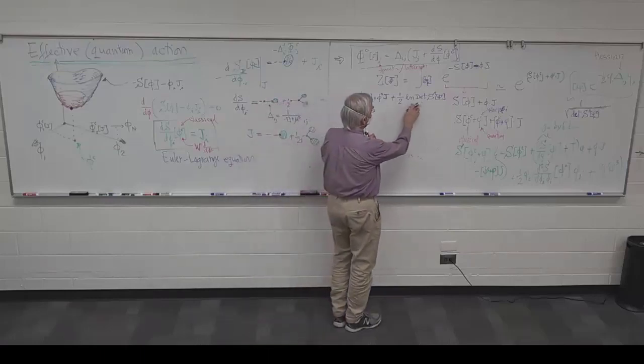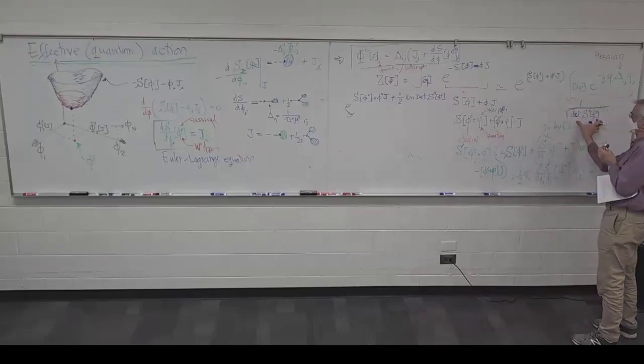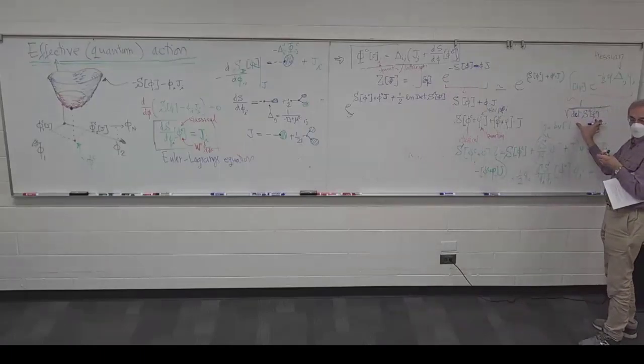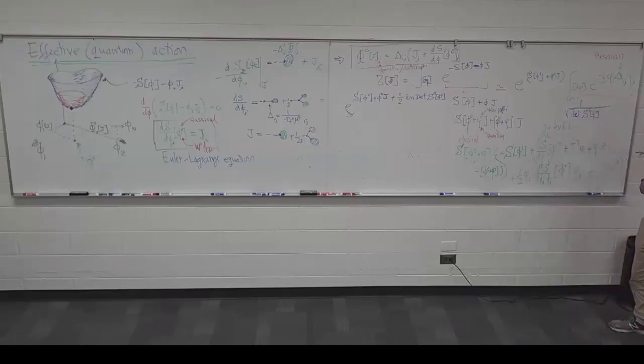This is one half because you made sure that this is either positive, or you take the positive part, or you keep the correct phase. The phases are called Maslov phases, etc. But you can do that.